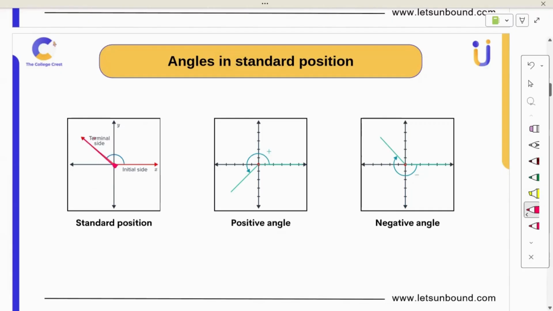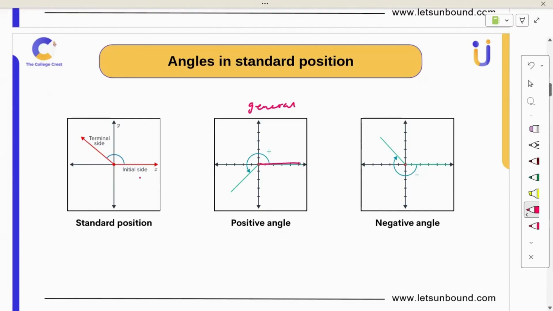So this is the standard position of an angle. The initial side is on the positive x-axis at the origin, and the terminal side will be in one of the quadrants. There are two ways I can form an angle: clockwise or anti-clockwise. Usually we use angles with positive measure, but sometimes negative measures too.